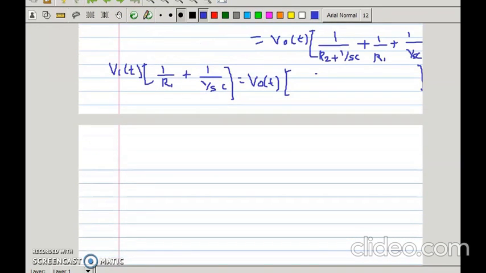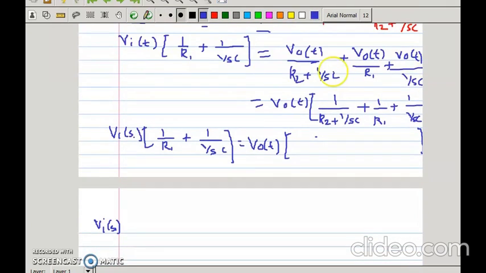See here, Vi(t) as it is. It is actually Vi(S), because we're taking the Laplace transform here, so all t become S. Let's solve it.